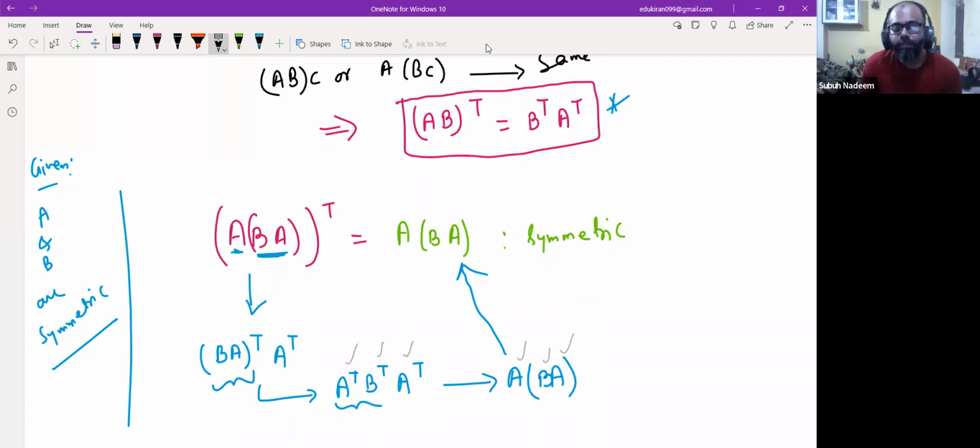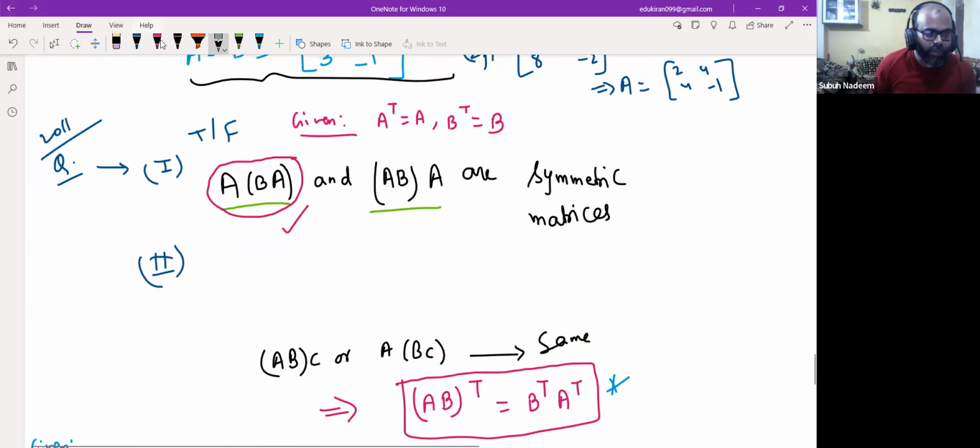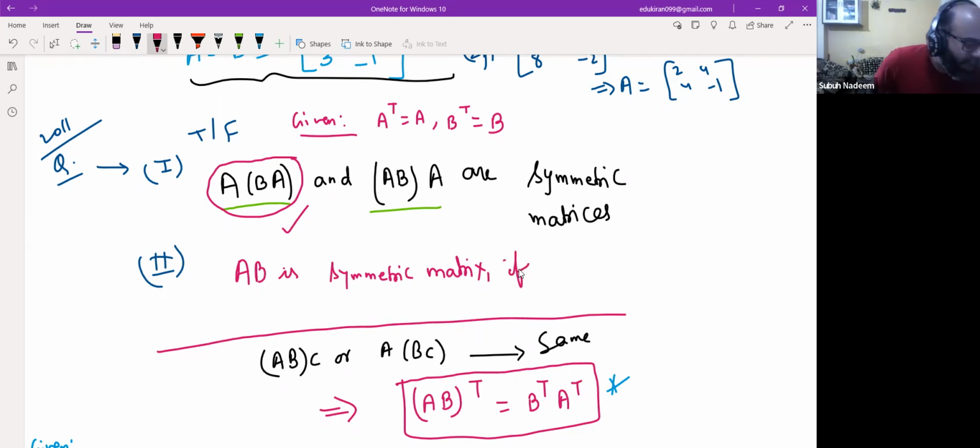Can we come to statement 2? Okay, so I am coming to statement 2. Statement 2 is saying that AB is a symmetric matrix if matrix multiplication of A with B is commutative.